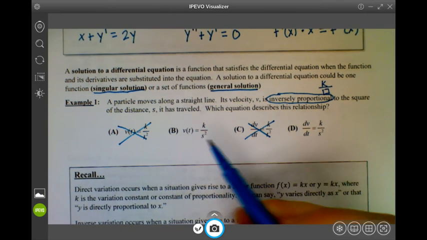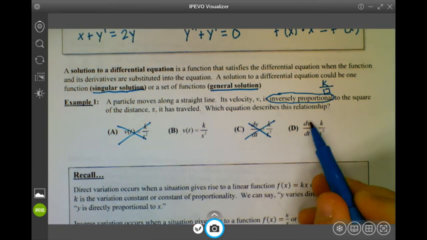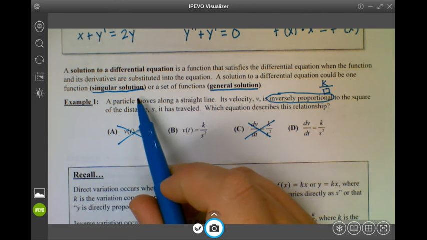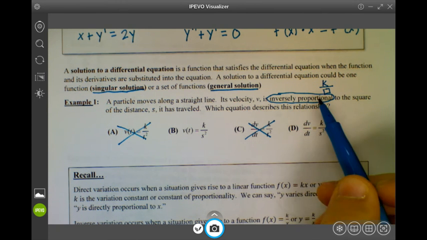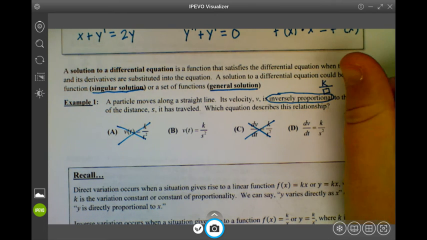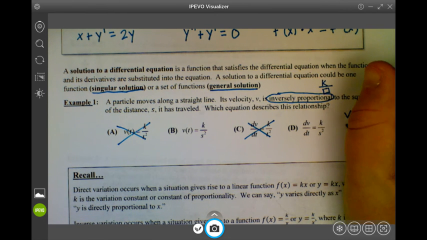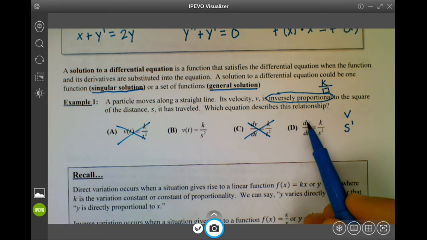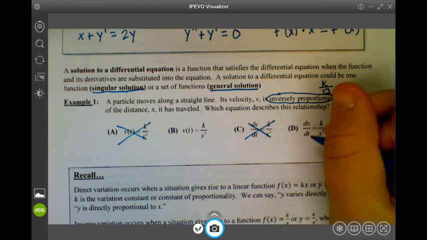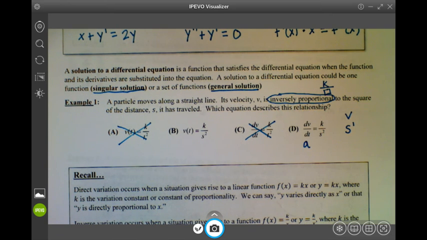And so now we have to break down, is it v of t equals or dv dt? It says the particle moves along the straight line. Its velocity is inversely proportional. Well, velocity, v, could be thought about as the derivative of s, right? And so this is the derivative of v. So this one is technically talking about acceleration.